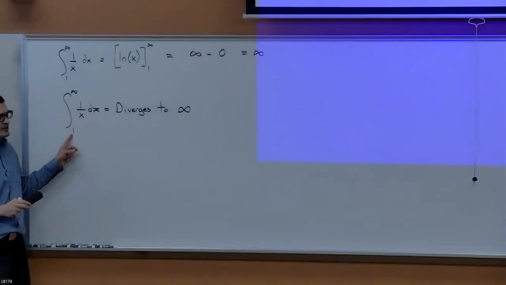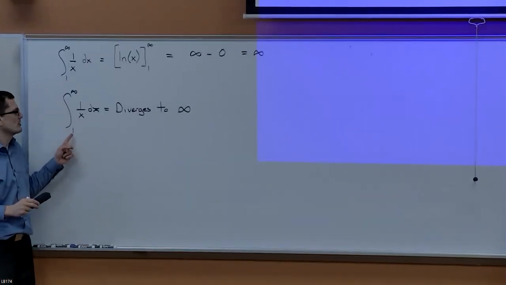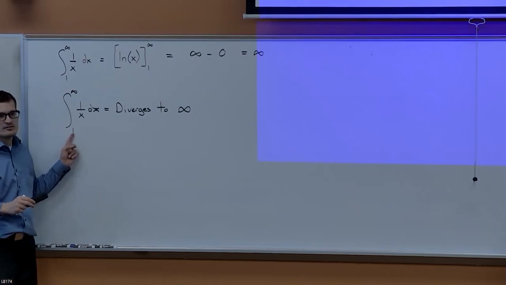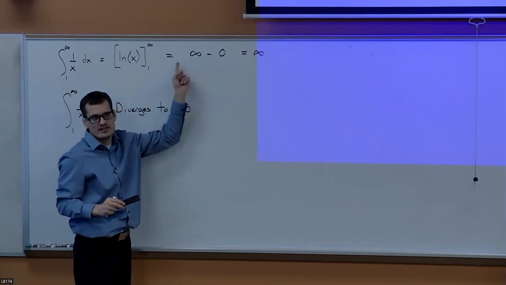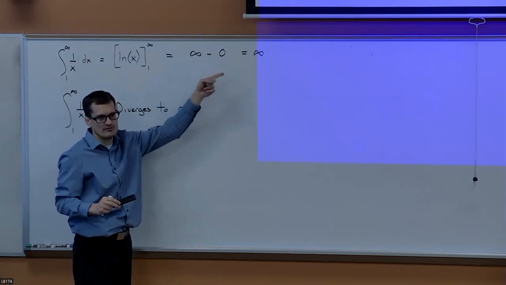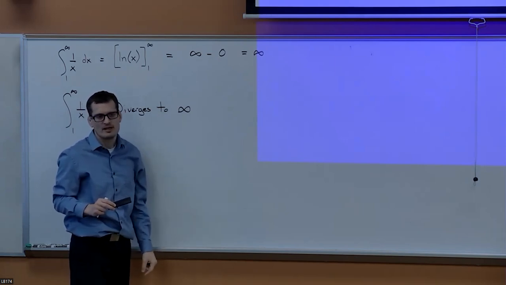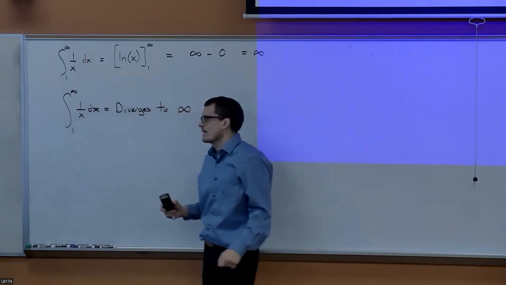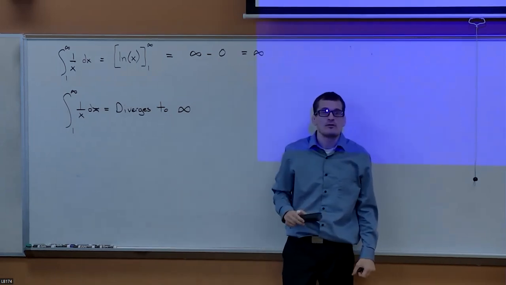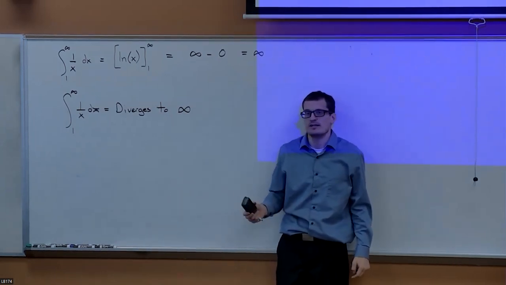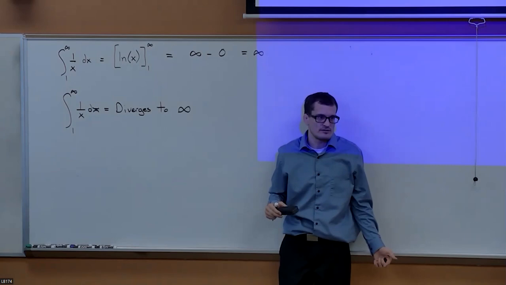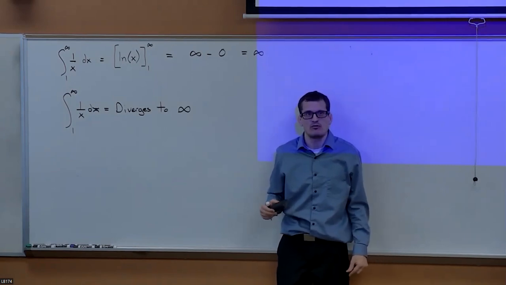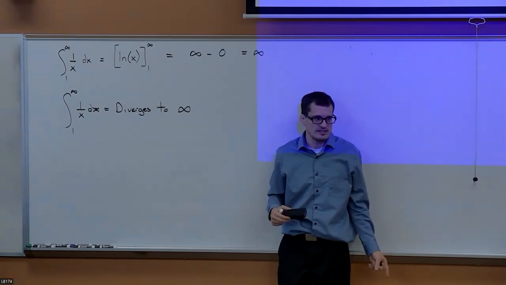By the way, we don't always have to start at 1. This would also be true if you started at 38, because you'd have infinity minus natural log of 38, and infinity minus any real number is still infinity. So when we integrated 1 over x to the 0.5, we would still have got infinity.